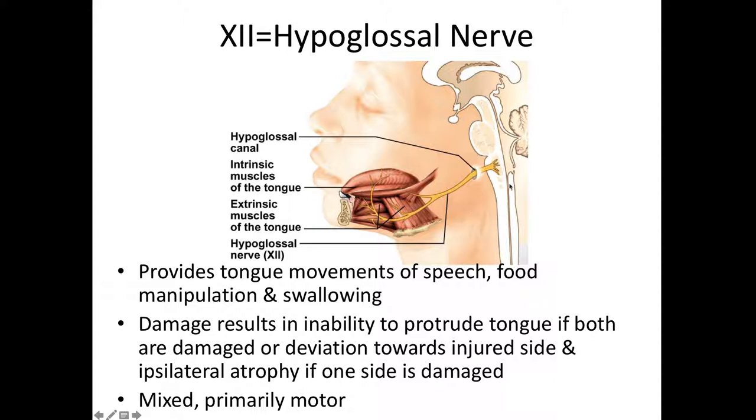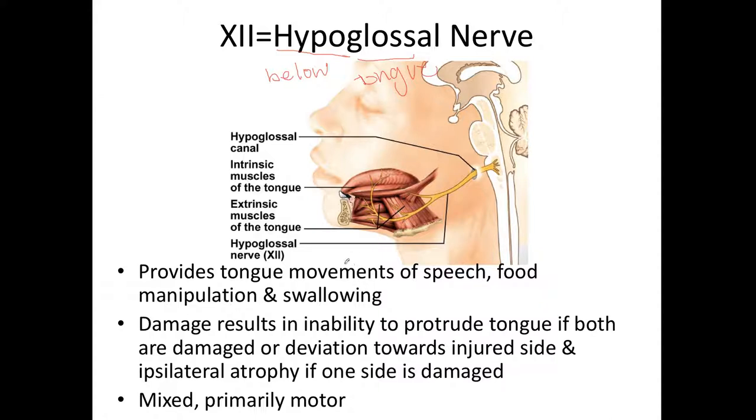Speaking of the hypoglossal nerve, here we have it in schematic. Here's our pons, here's our medulla oblongata, and here's our hypoglossal nerve. That is cranial nerve 12. Hypo means below or beneath, and gloss means tongue.